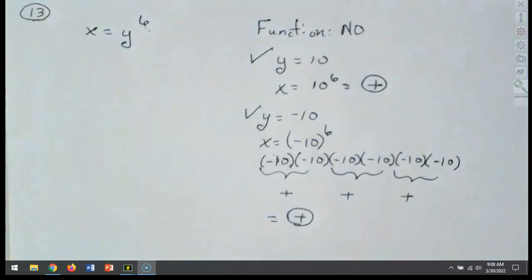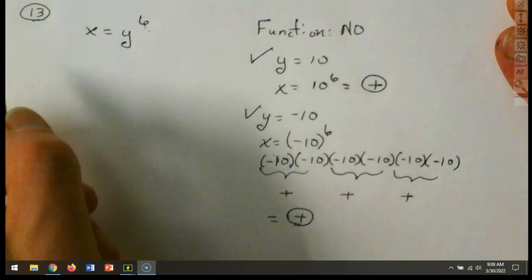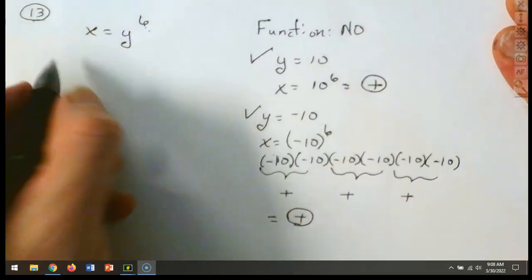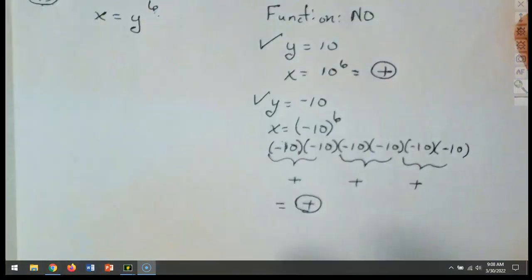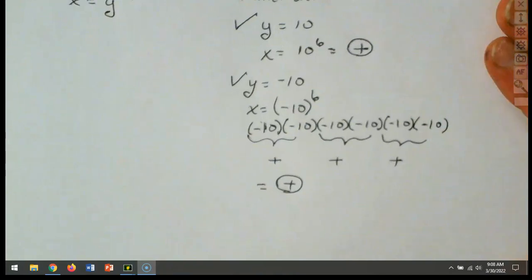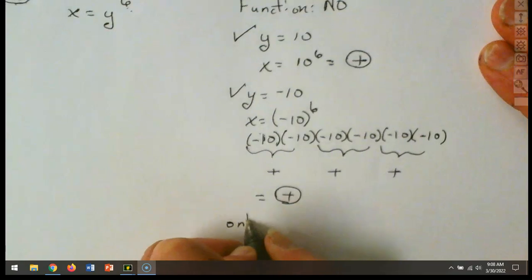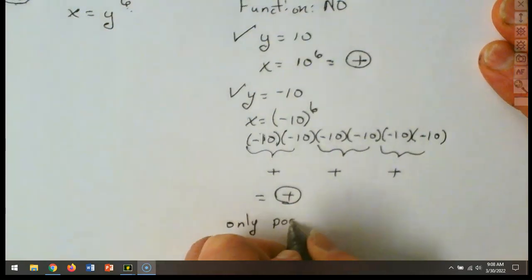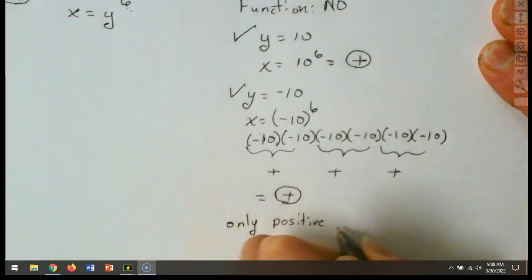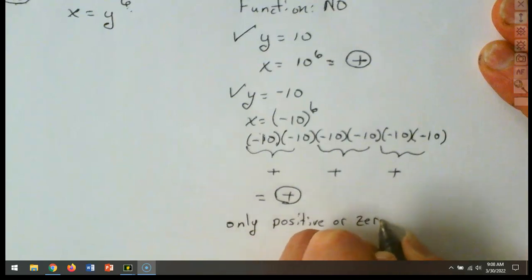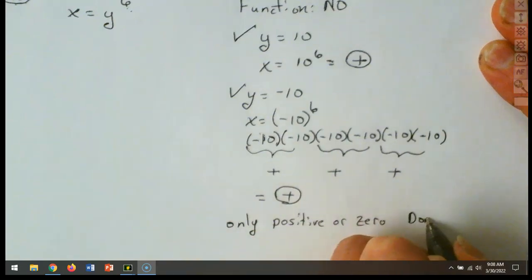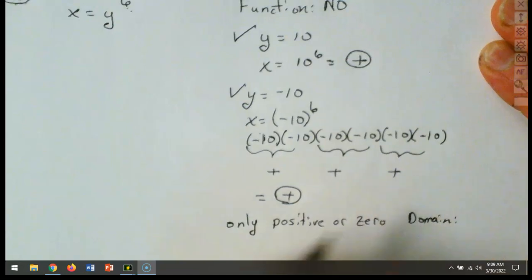Now, what are we getting out? We're only getting out positive values. Both sides are positive. So what does that tell me about the domain? We can't get any negative numbers out. Only positives or 0. So my domain is only positive values or 0.